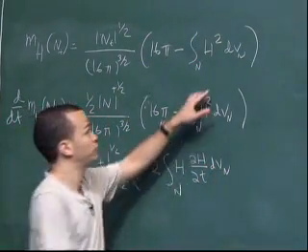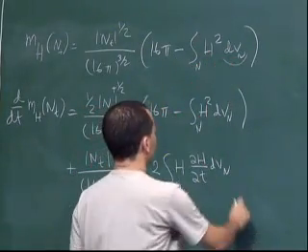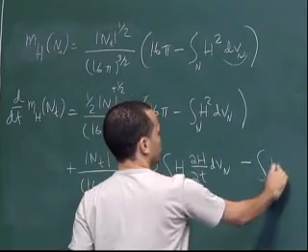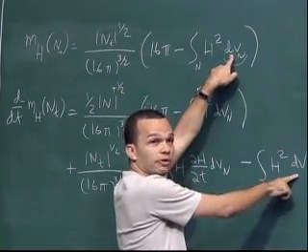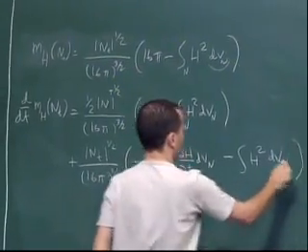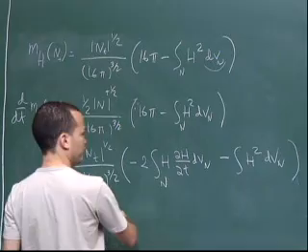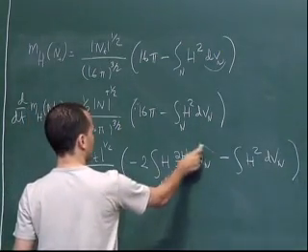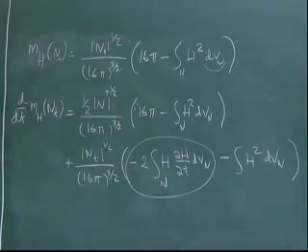But now I have to differentiate the volume element as well. Then I get minus H squared, and remember the derivative of the volume element is the volume element itself. So that's the formula that I get. Let me concentrate on this guy, and then later I'll get them together.